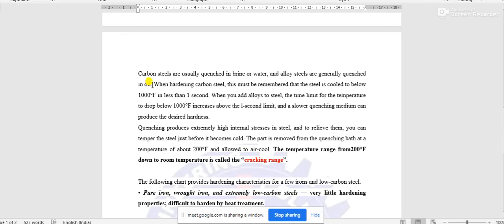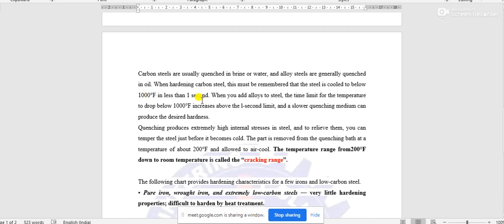Now this quenching procedure is done rapidly, meaning this 1000 degree Fahrenheit temperature will get to room temperature in 1 second. This is the rapidity of the quenching process.